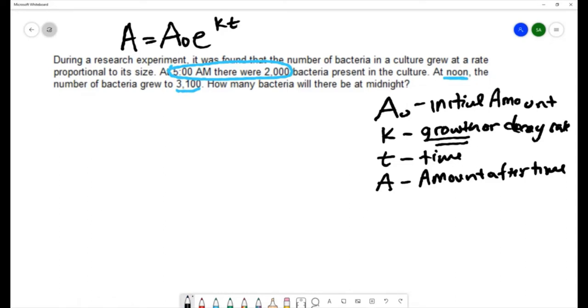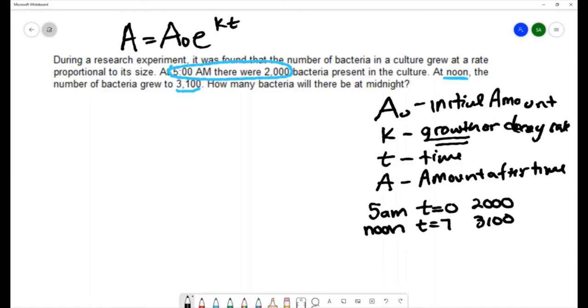So at 5 a.m., which we'll consider our initial time, we have 2,000 bacteria. And then at noon, we're going to count from 5 a.m., that would be 6, 7, 8, 9, 10, 11, 12. So that's 7 hours later. We have 3,100 bacteria.